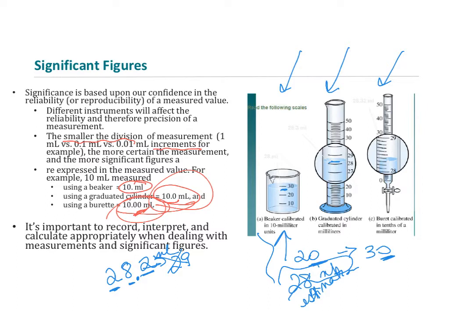So now I want you to take a minute, and I would recommend shutting off the video and look at this burette and estimate, with the correct number of significant digits, what you think that volume is. These are marked every 0.1. So 28.1, 28.2, 28.3, and 28.4.